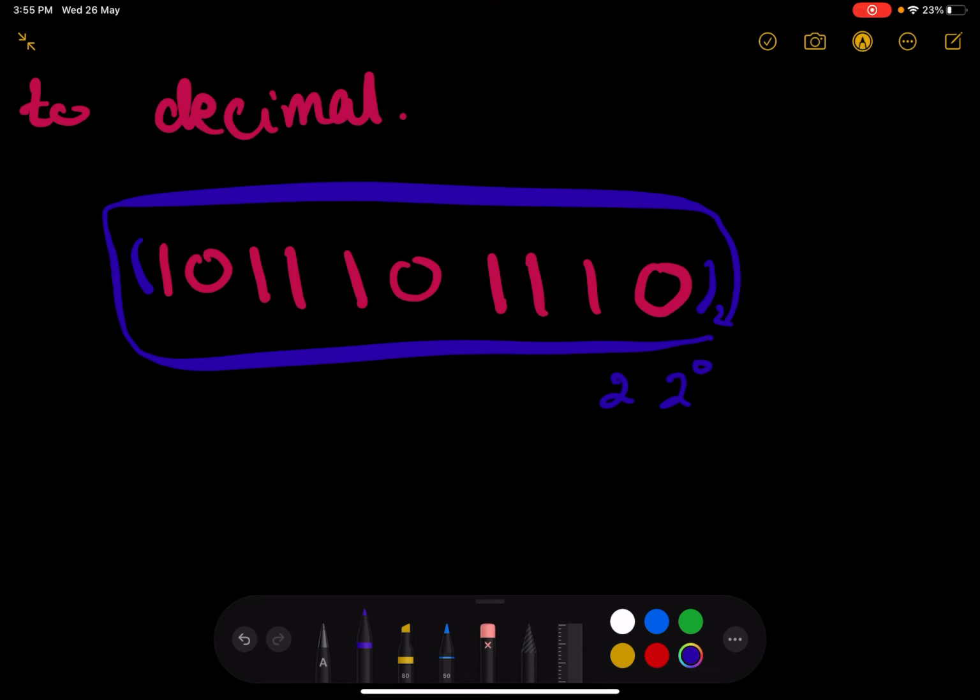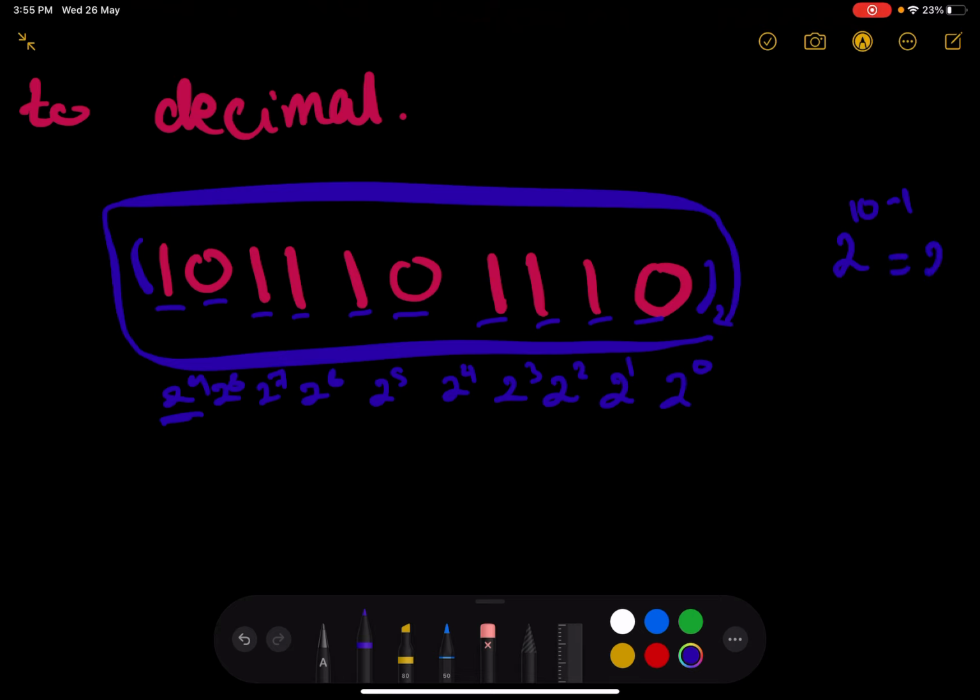The second one, 2 to the power 1, 2 to the power 2, 2 to the power 3, 2 to the power 4, 2 to the power 5, 2 to the power 6, 2 to the power 7, 2 to the power 8, and 2 to the power 9, as we have 1, 2, 3, 4, 5, 6, 7, 8, 9, 10 bits. So the most significant bit that we're going to have in this number is 2 to the power 10 minus 1, which is 2 to the power 9.